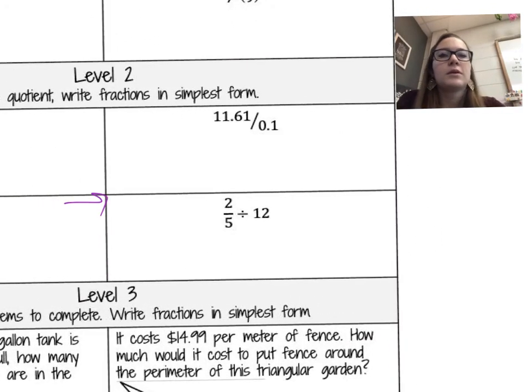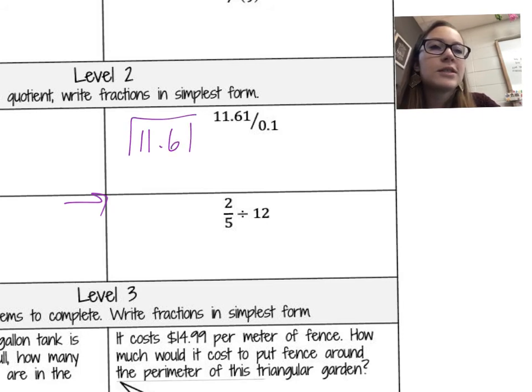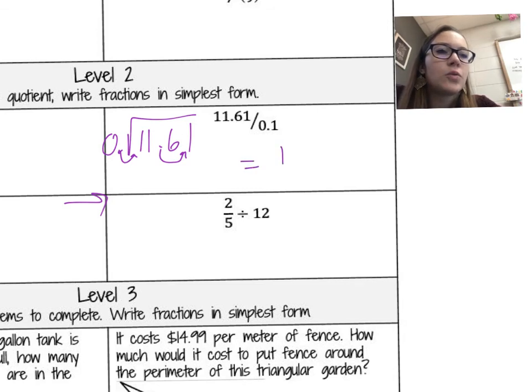Okay. So 11.61 goes inside, 0.1 goes outside. Move the decimal point 1 to the left so that it's 1 on the outside. And then you're just going to divide like normal, and your decimal point is going to go straight up here.